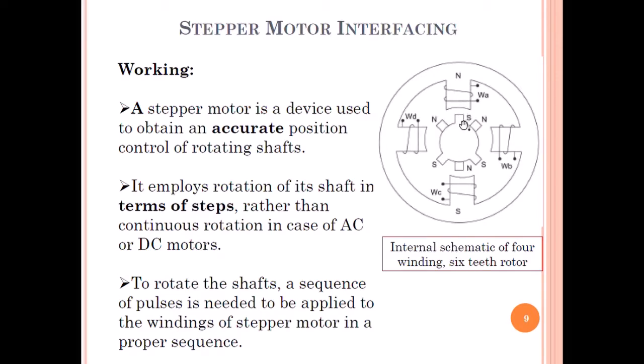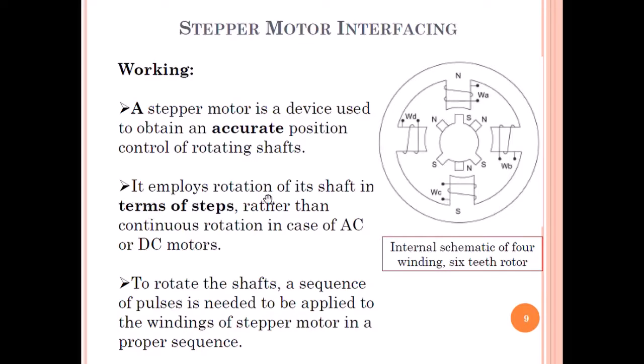If this tooth is a reference point, then the positions are like this. Then after the next pulse it is like this, and then after the next pulse it will be like this, depending upon the pulses we give into these windings WA, WB, WC and WD.